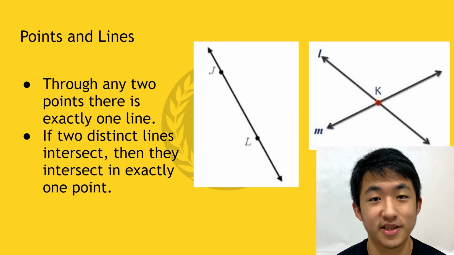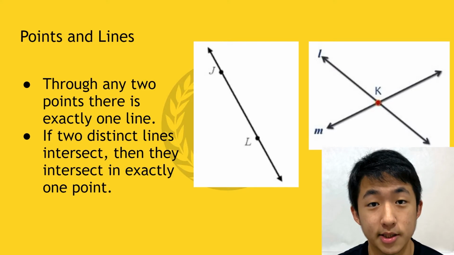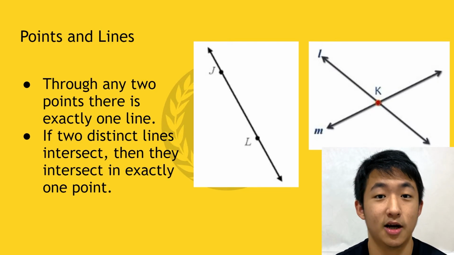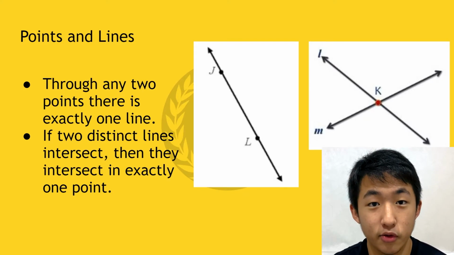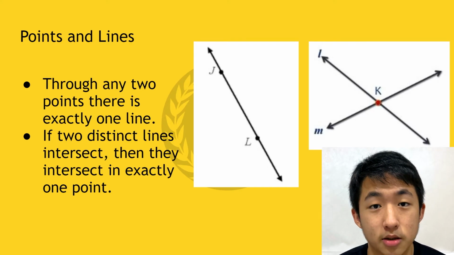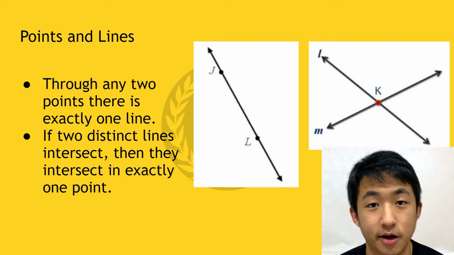First off, points and lines. Through any 2 points, there is exactly, and I mean exactly, only 1 line. If you think hard enough about it, since lines are straight, only 1 line could pass through 2 points. Furthermore, if 2 distinct lines intersect, they must also only intersect at 1 point. These 2 postulates can both be seen in diagrams on the right.